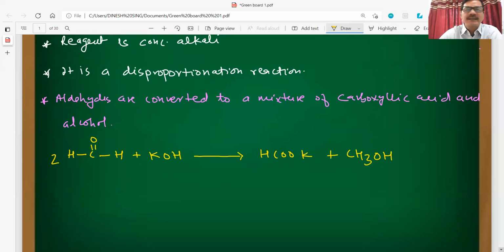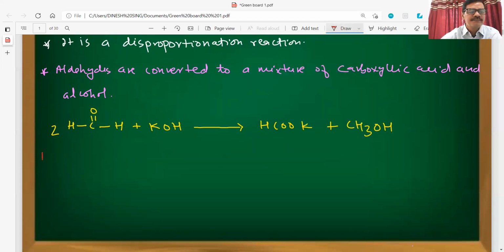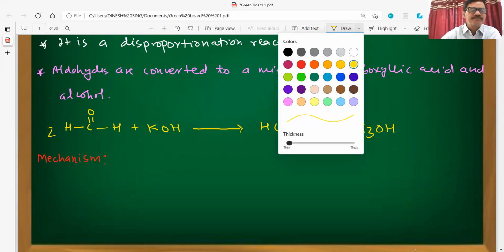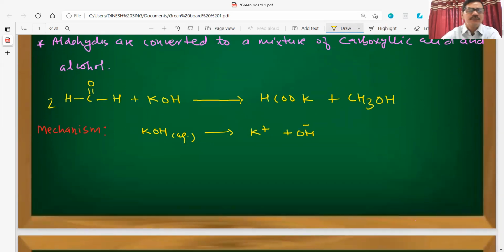Now if we see the mechanism for the reaction, in the first step, KOH is existing in aqueous solution as completely K positive plus OH minus, and this is HC double bond O with H. In this, oxygen is more electronegative, carbon is less electronegative.